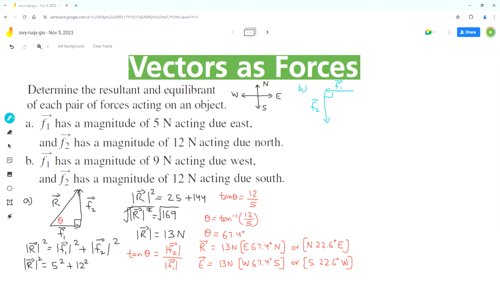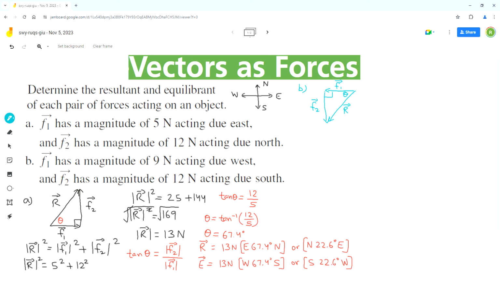So the resultant of these two forces will be the hypotenuse of this right angle triangle. So we have to find the length of this hypotenuse, and then we'll find the angle theta.